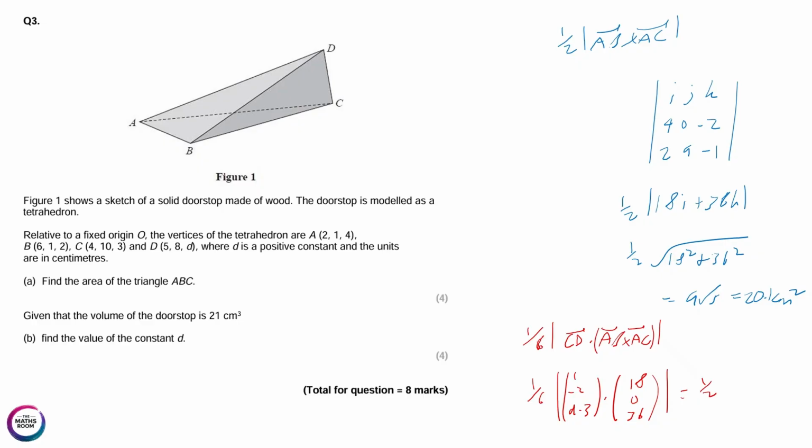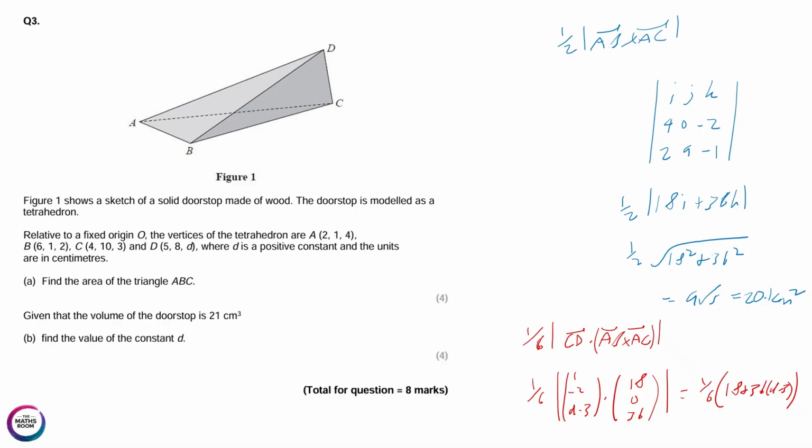Okay, so remember the magnitude only matters if it's negative, because we can't have negative volume. So we get a sixth, because it's a tetrahedron. What do I get? I get 18 plus 36 lots of D minus 3, effectively.